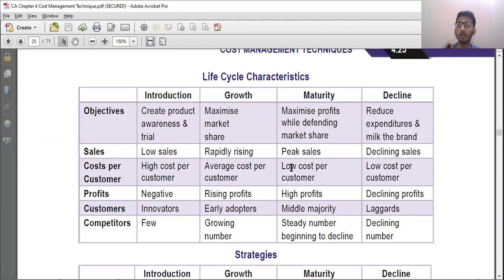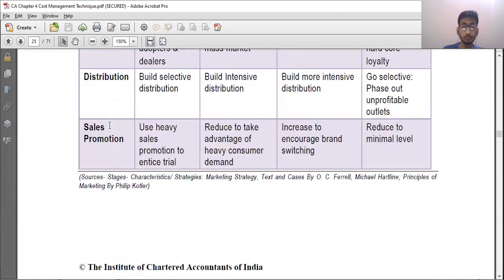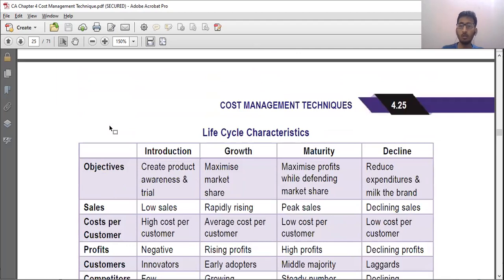This is basically a summarization of what we have discussed, and nothing new is given. So just go through it once, because I really like it. If you read this one page, then you can easily grasp the topic when you're going for the exam.